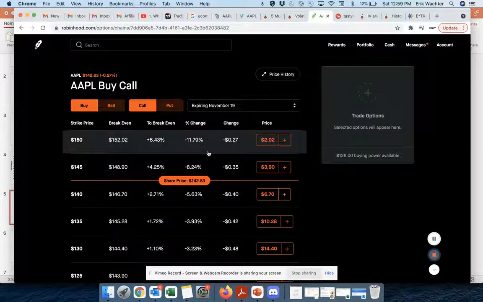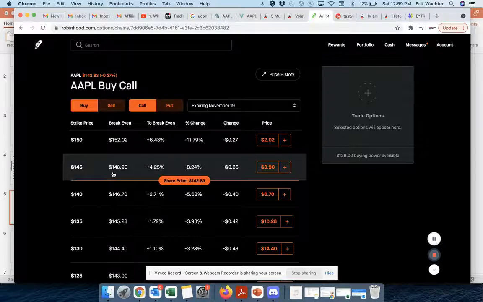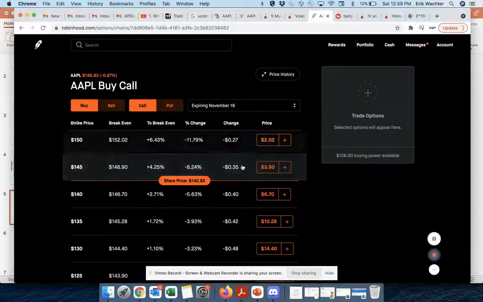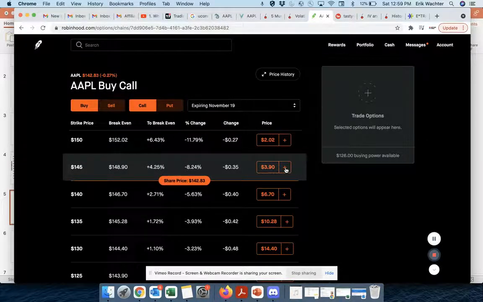Okay, let's say I think in the next month and a half, Apple is going to go over $145. I want to buy a call. So in order for me to make money at expiration, you can obviously make money before expiration if the stock moves a little bit to the upside, but we're going to keep this simple.